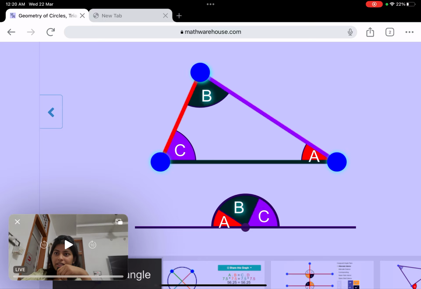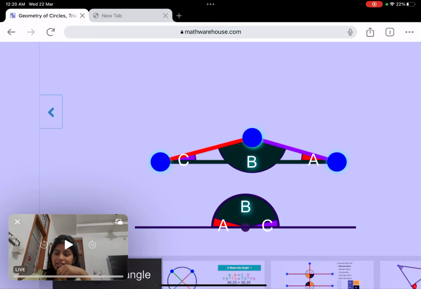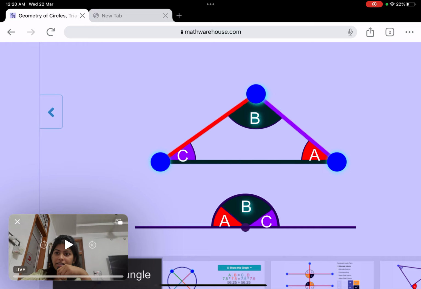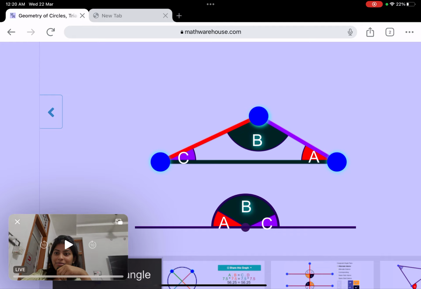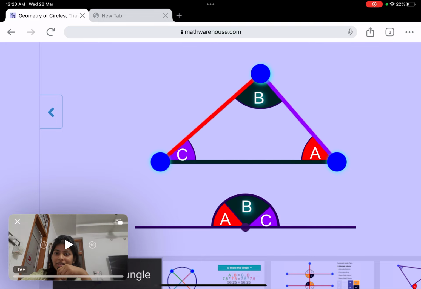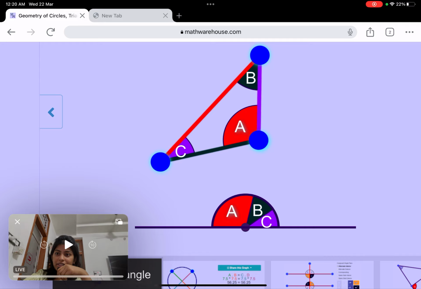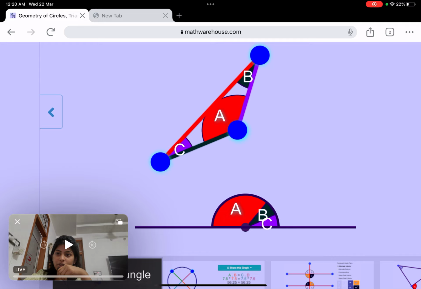Either I can increase B or I have to decrease the angle A and C. See, in this case I'm increasing the angle B and I'm decreasing the other two angles to make the sum 180 degrees. Same is with the other angles. If I'm increasing A, I'm decreasing the other two angles.